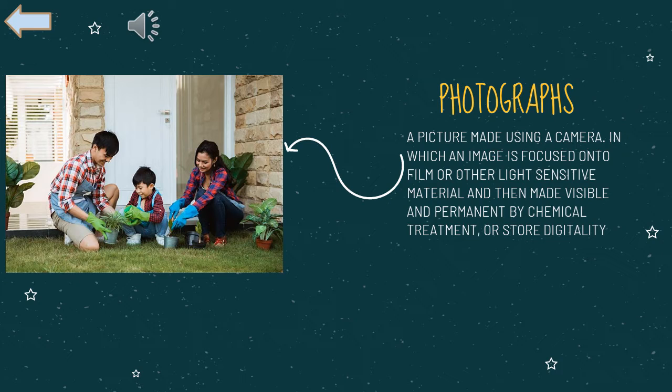Photograph is a picture made using a camera in which an image is focused onto film or other light-sensitive material and then made visible and permanent by chemical treatment or stored digitally. In this definition, a photograph is something that we capture using the camera of our phones, our DSLR camera, and so on.